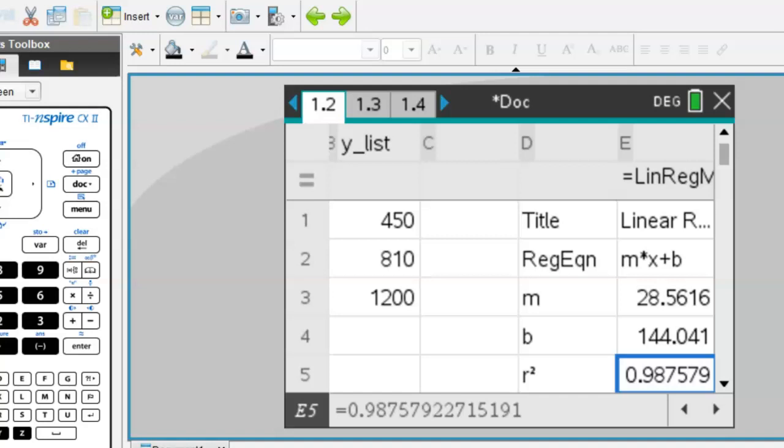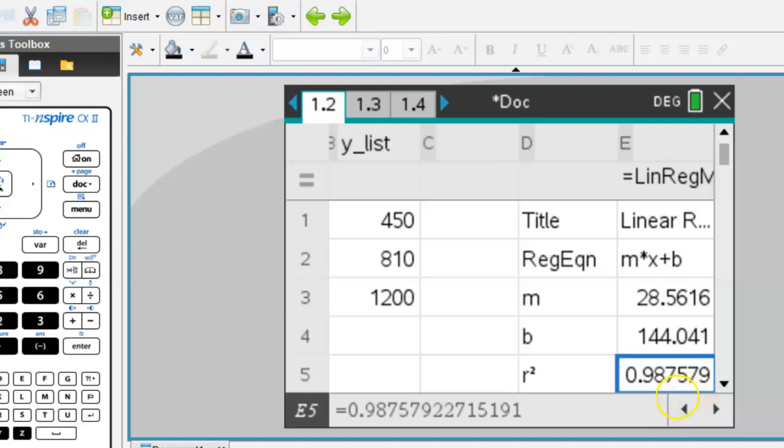So how accurate your model is, more or less. The closer it is to 1, the more accurate your model is. The farther away from 1, the less accurate your model is. Notice this is 0.98. It is very, very close to my model, so my model is a pretty good model. So it's most likely a linear regression model.